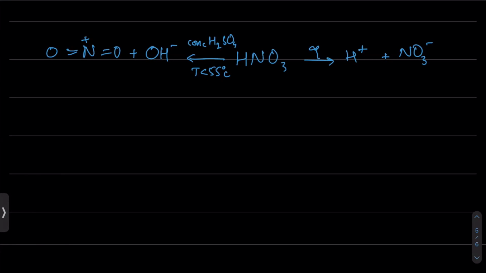The exact mechanism of how nitro group attacks it and what exactly it does, we don't need to know that. Just know that in presence of sulfuric acid, nitric acid can split up into OH minus and nitro. And then OH minus can react with the sulfuric acid to make water.